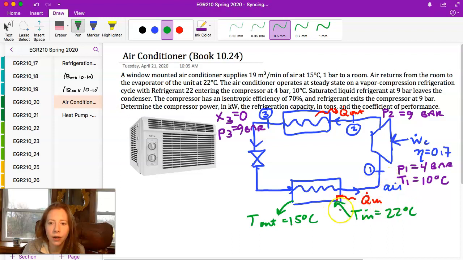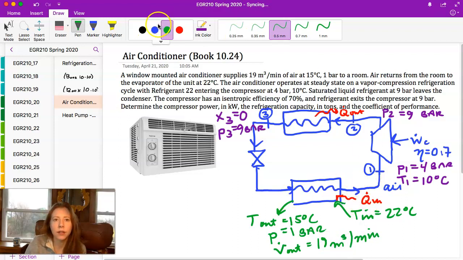So this is our air down here. This is the part of the unit that is interacting with the room. And we have V dot out is 19 meters cubed per minute.